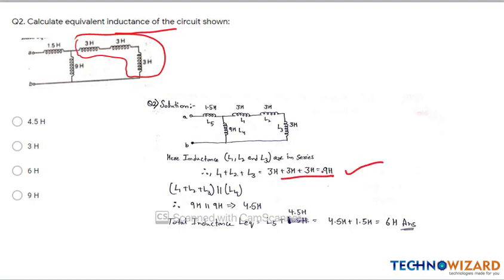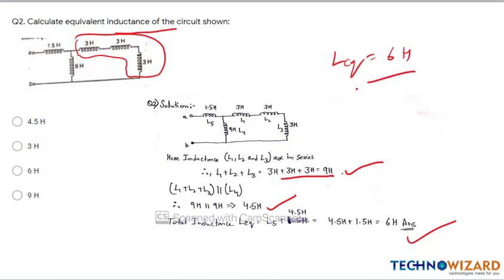Now this 9 Henry is in parallel with the L4 inductance, that is 9, and 9 parallel 9 is 4.5 Henry. Now this 4.5 Henry total inductance is added with the L5 inductor, that is 1.5 Henry, because they are in series. Therefore the answer will be 6 Henry. Therefore 6 Henry is the correct answer, that is, L equivalent is equal to 6 Henry.